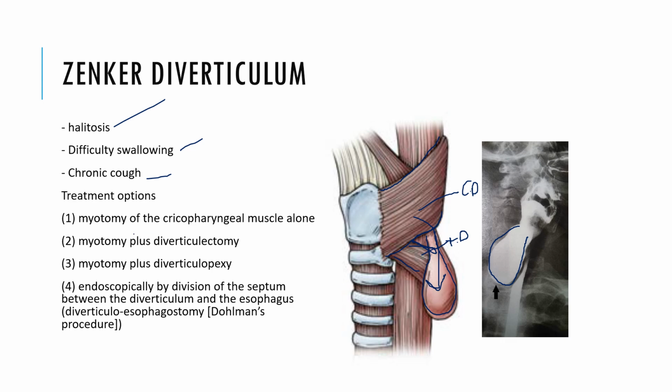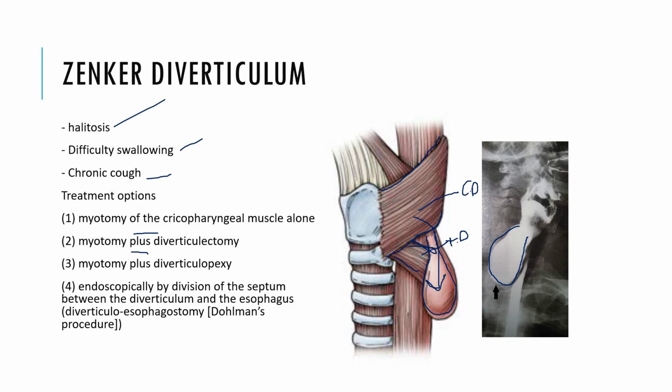Treatment options can be myotomy of the cricopharyngeal muscle alone, which I told you, that defect in the inferior constrictor of the pharynx is causing the Zenker's diverticulum. So you can cut open this muscle alone, or you can do a myotomy plus diverticulectomy.